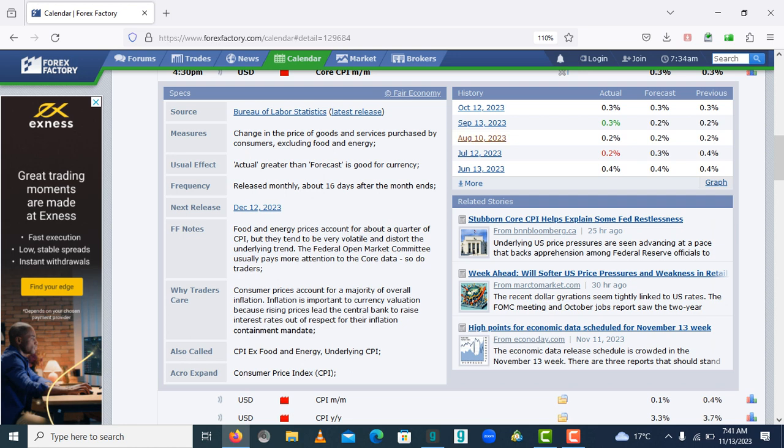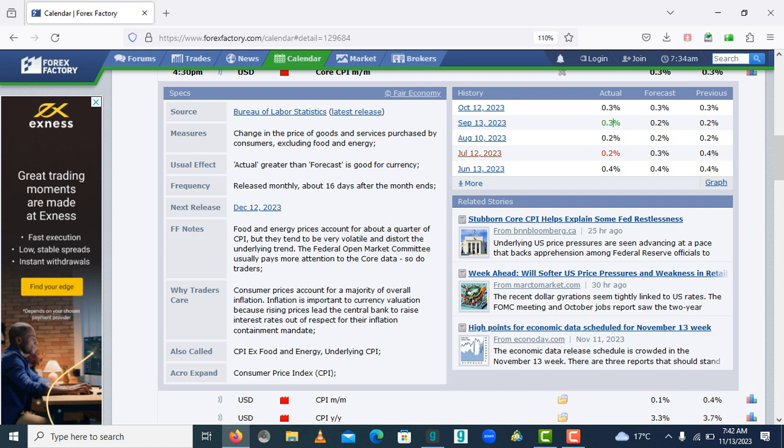Forecast, I want us to look at this point, the second one, that one that was released on September 13th, 2023. You will find that the forecast was 0.2 and the actual is 0.3, meaning that was good for the US dollar.